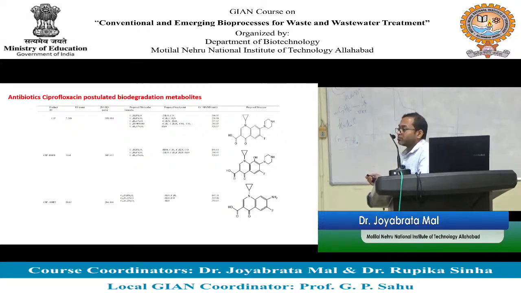In that library, suppose the M by Z ratio belongs to this one, then we predict, okay, this is the compound. Once we have the names of all the compounds, we predict the pathway, like suppose carboxylation is happening or a hydroxyl radical is getting added, then this compound will be formed. That is how this works.